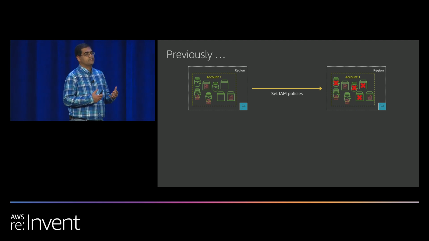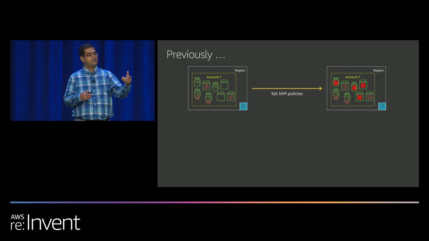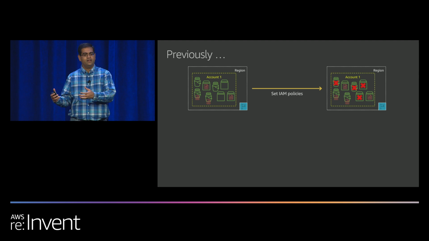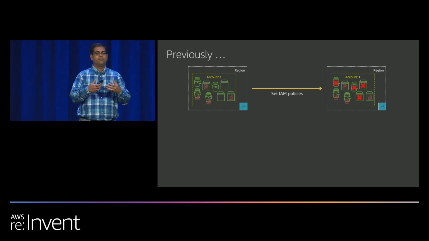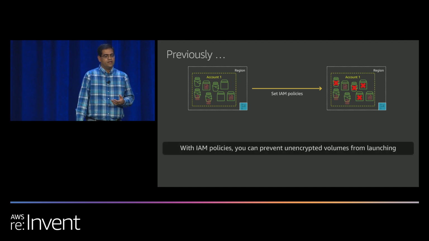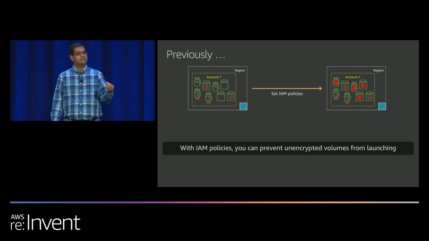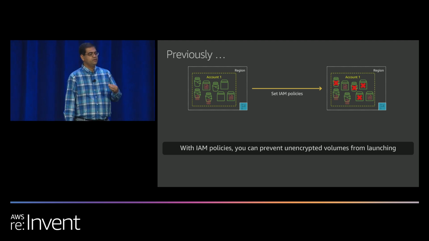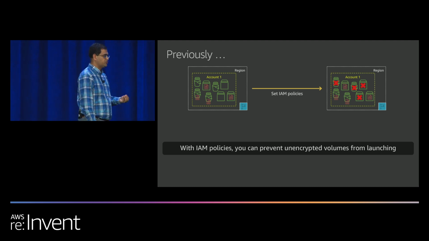The second way administrators managed this was by taking the unencrypted volume, creating a snapshot, copying and encrypting the snapshot, creating an encrypted volume, and attaching it back to the instance. Pretty complicated stuff. And part of what we didn't like about this was that it makes it punitive from a usage standpoint, and pretty much prevents customers from launching volumes when they should.